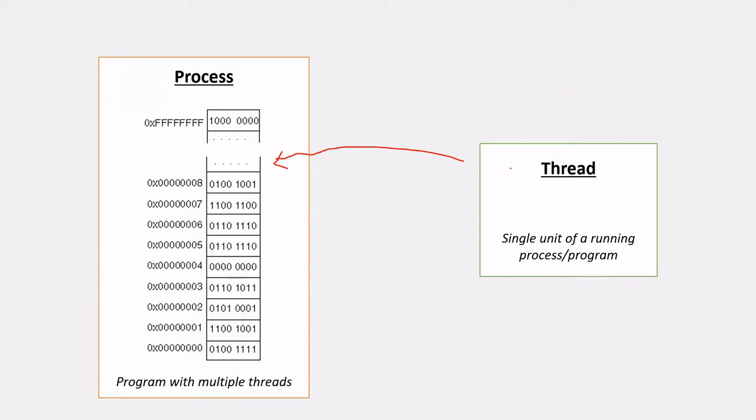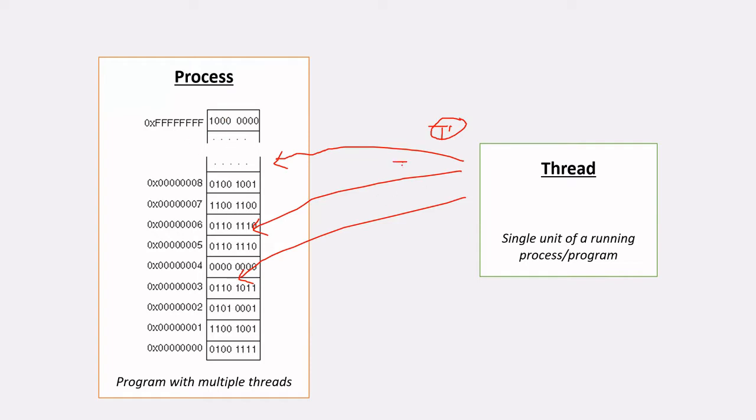But if you take threads, multiple threads may share the same memory space that is used by the process. Let's say this is T1, thread 1 is accessing inside this process, and it's accessing the memory space of this process.